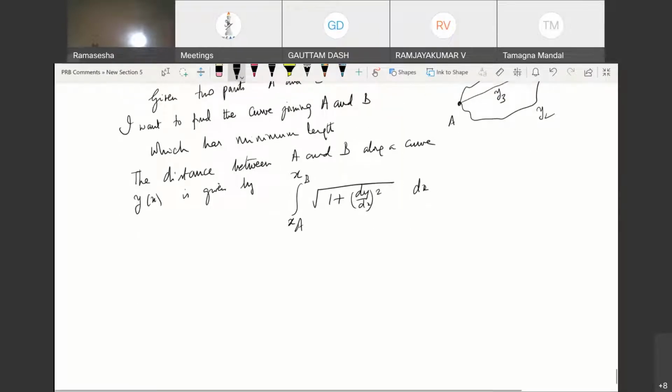Why is this? Because you know that the length element ds squared is equal to dx squared plus dy squared. This is what we know from Pythagoras theorem.